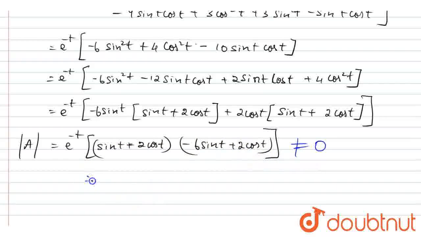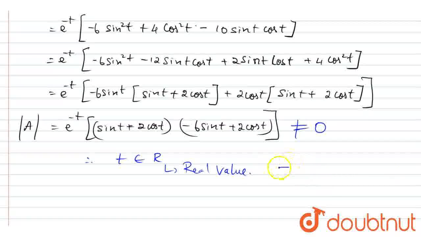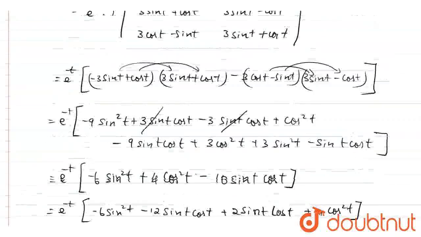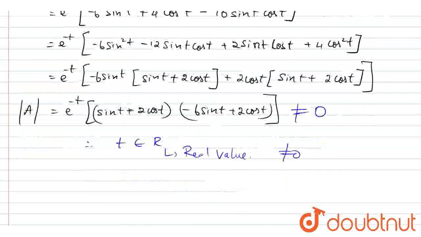So therefore by this condition here t belongs to R, where R is the real number, right? R is the real value here, therefore this value is not equal to 0, therefore option C is the correct answer.